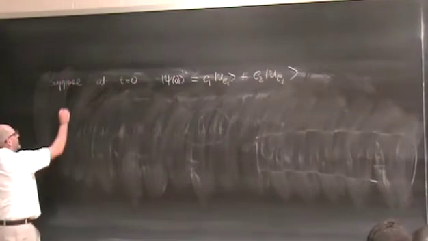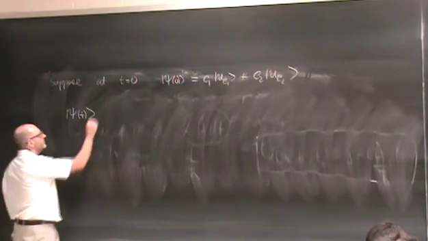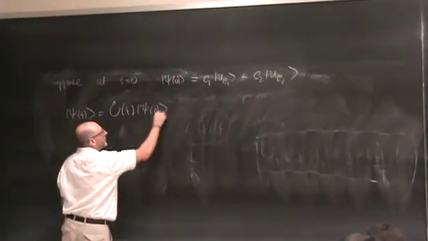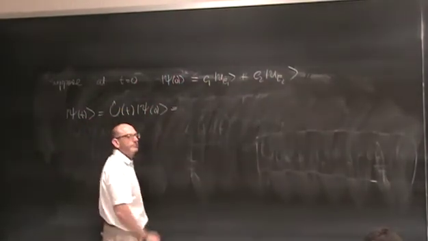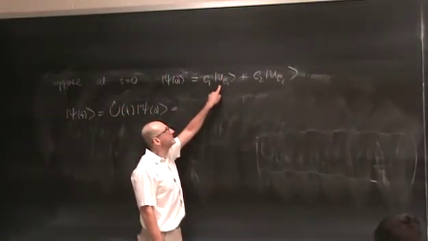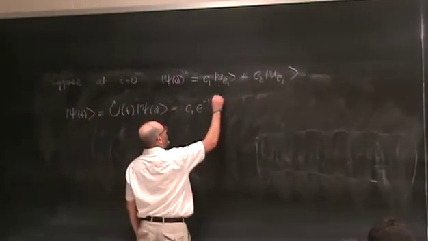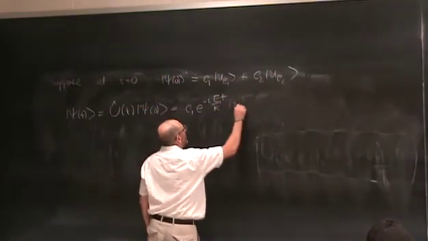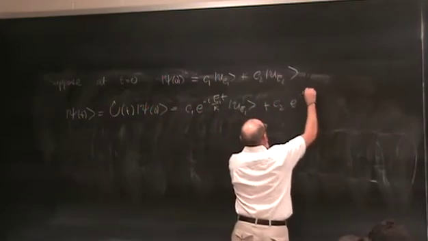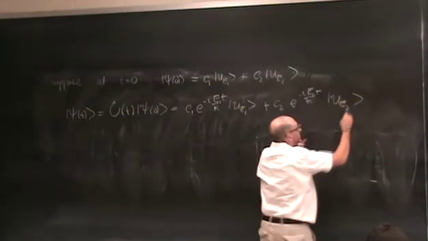Then what is the state at a later time? Well, it's this. So what is that? Well, I have this on this guy. And what do I get? I get the phase, right? I get e to the minus i e1 t over h bar times c1 u1, plus c2 e to the minus i e2 t over h bar u2.